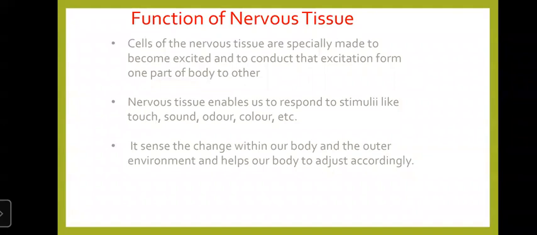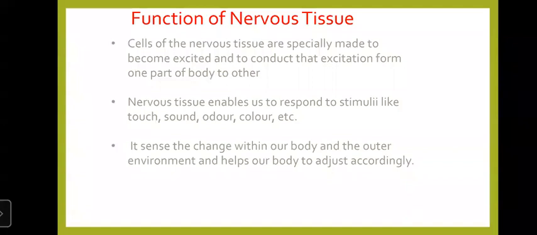The feeling of hunger, whenever our stomach is empty, or at a particular time, we feel hungry. It is all because of the sensory neurons present in our body. So this is the function of nervous tissue. What is it? It gets excited on receiving stimuli.